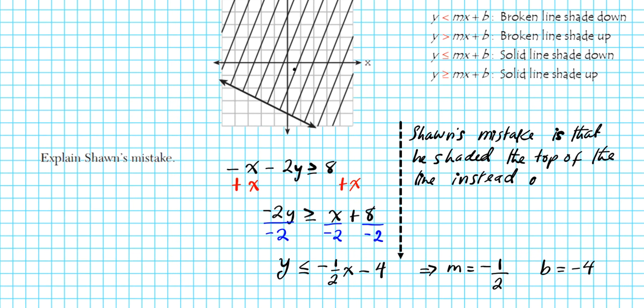Instead of the bottom, since the inequality is what? The inequality is less than or equal to. So because of that less than component, you have to shade the bottom. The equal to means that the line is going to be solid.